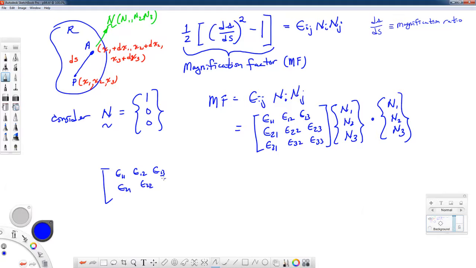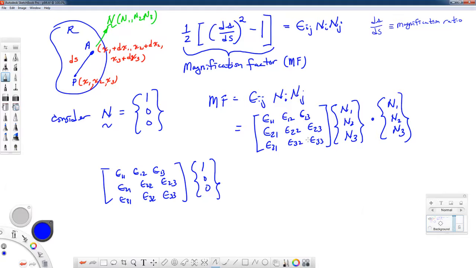I won't always write all these terms out, but I think it's useful to think of it this way. And I'll tell you, sometimes it's much easier on a quiz or an exam to write all of these out in a matrix format than it would be to write them in an expansion of the index notation.